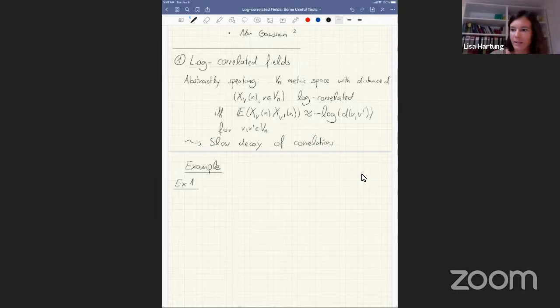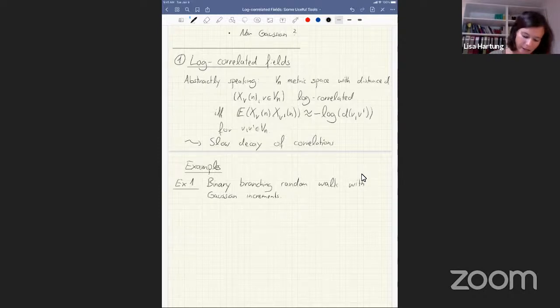So the first example that's usually given on this list is the binary branching random walk. And we look at it in the Gaussian case, so with Gaussian increments. So what is this process?